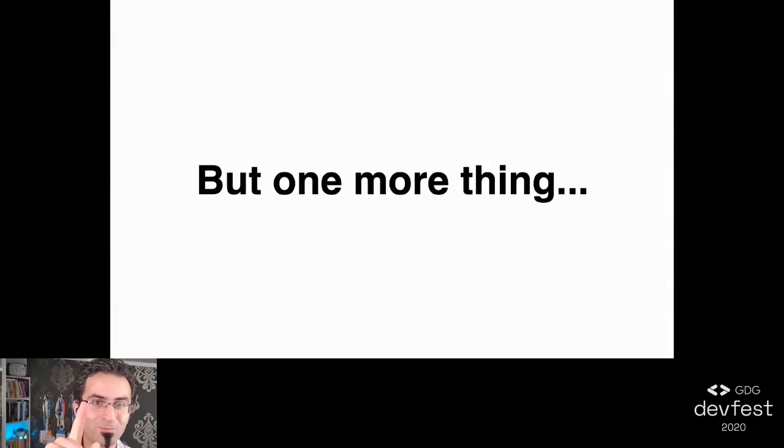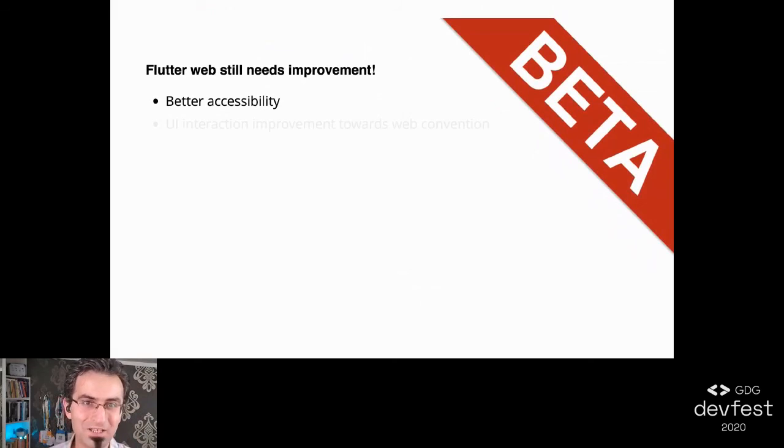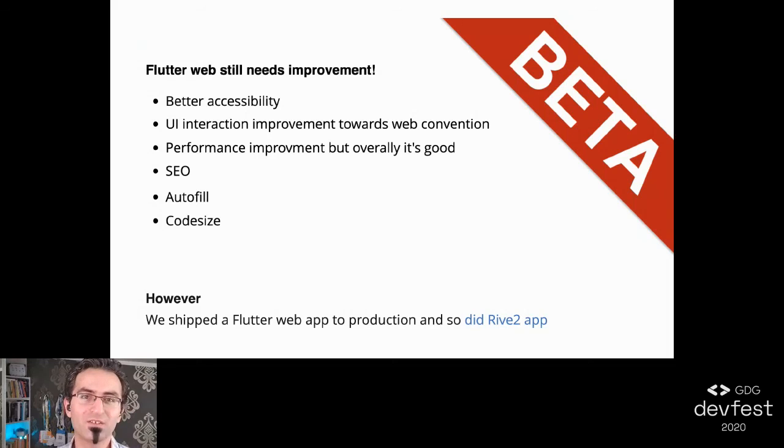But before we finish this talk, as I mentioned, Flutter is in beta stage. I have to say that there are still some things that need to be improved. Accessibility, or SEO maybe, is one of them, or a little bit better performance. It's already good enough, but some things need to be improved.